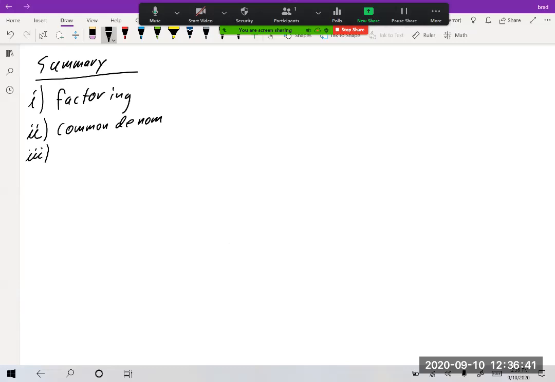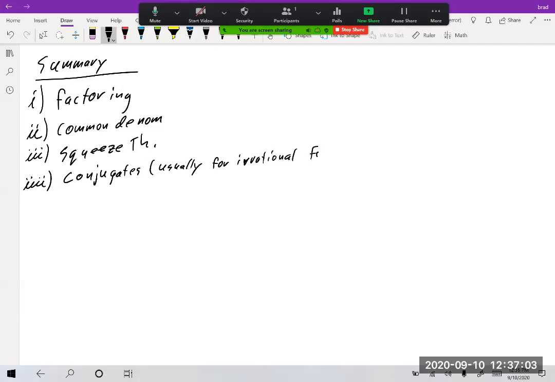We also have squeeze theorem. We have conjugates, usually for irrational functions.